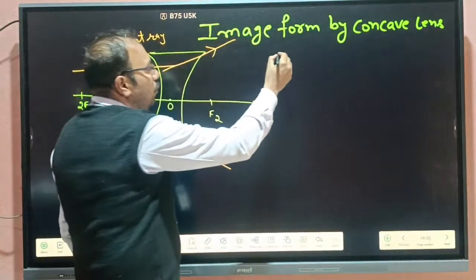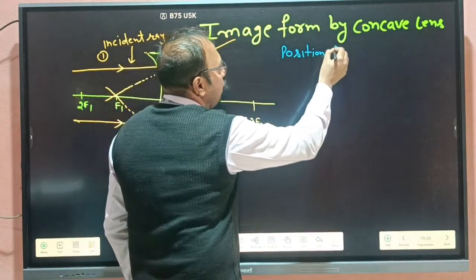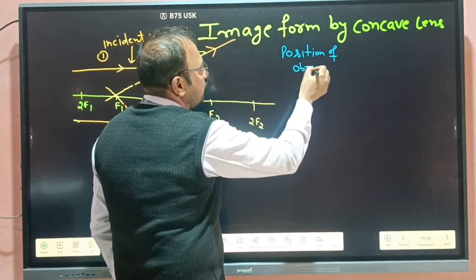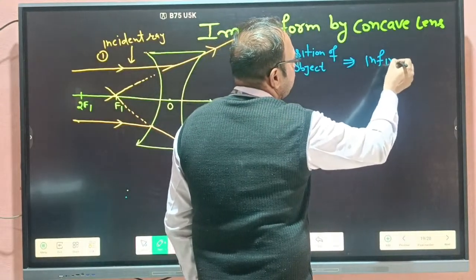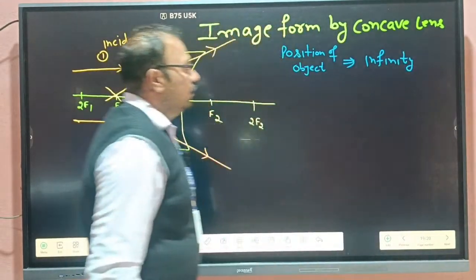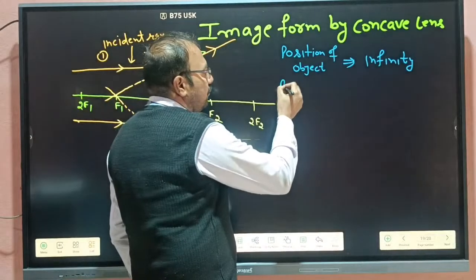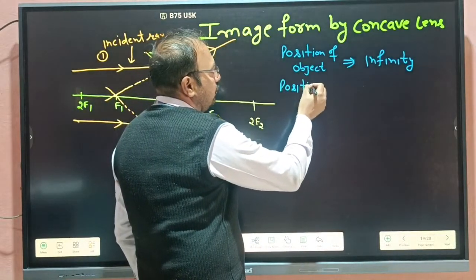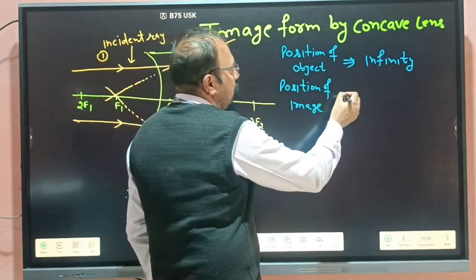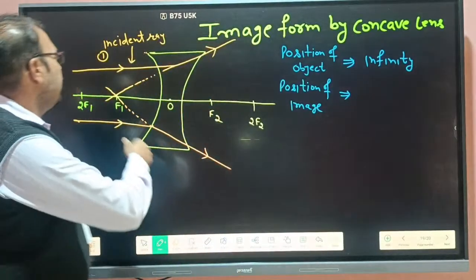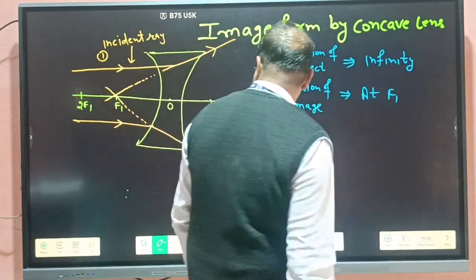First, the position of the object is at infinity. Second, the position of the image is at F1.